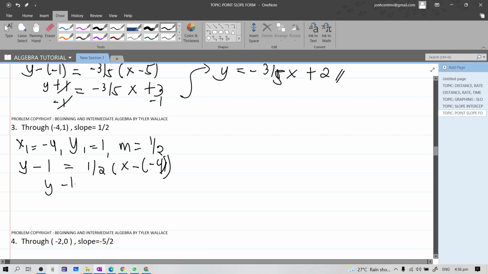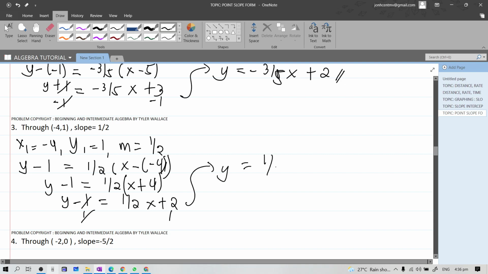So we have y minus 1 is equal to 1/2 times x plus 4. It becomes y minus 1 is equal to 1/2 x plus 2. Add 1 to both sides. You will have y is equal to 1/2 x plus 3. Okay?